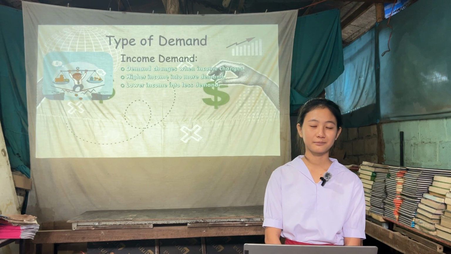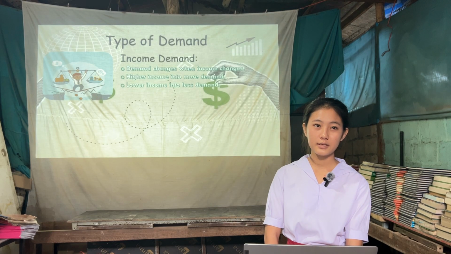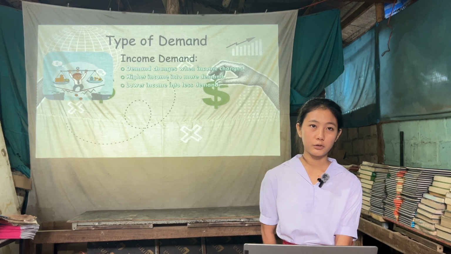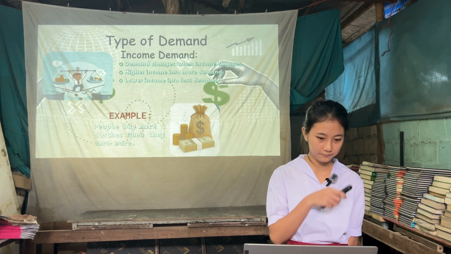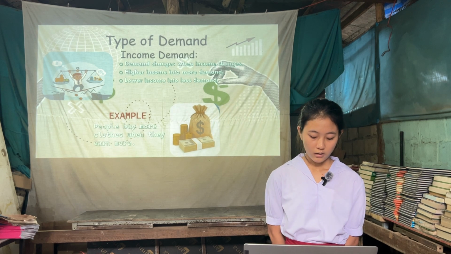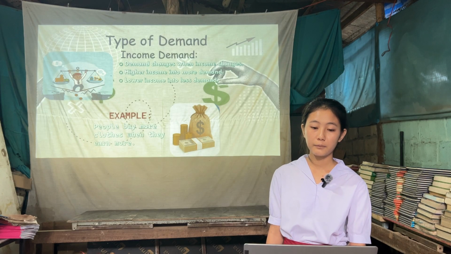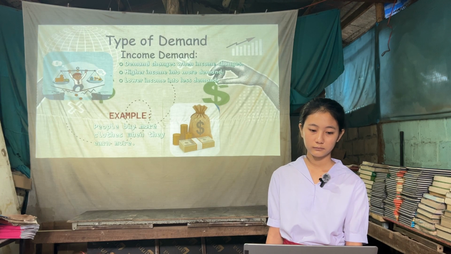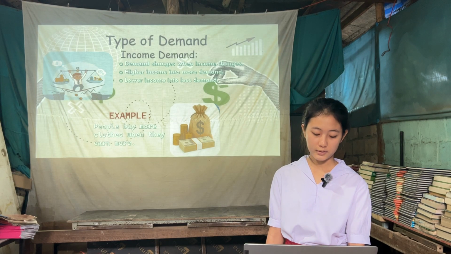If their income decreases, they may buy fewer goods. For example, when people get a higher salary, they may buy new things that they want.